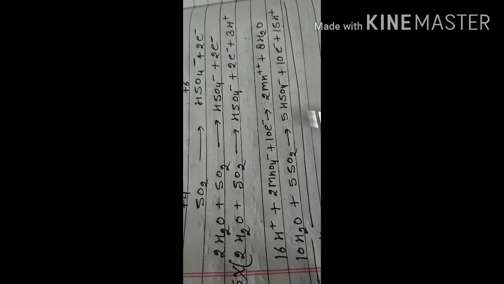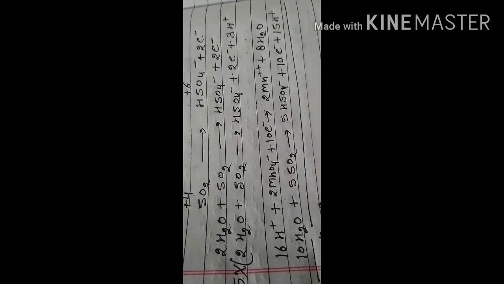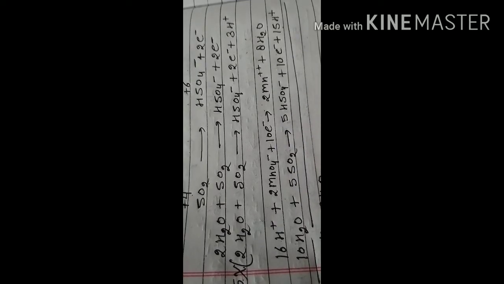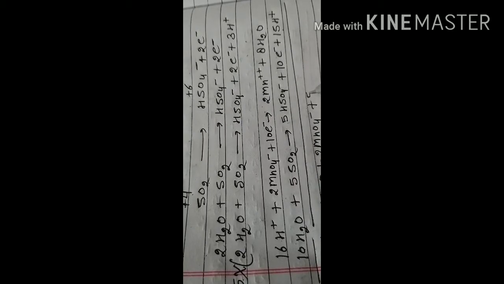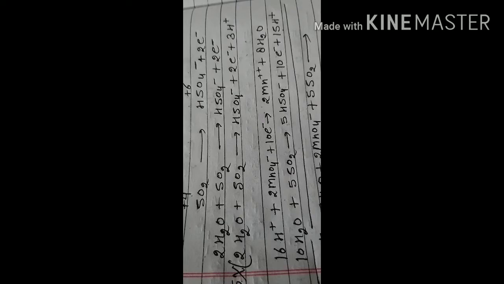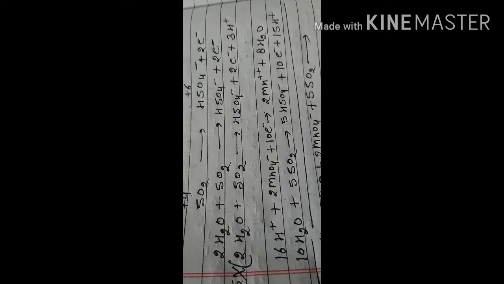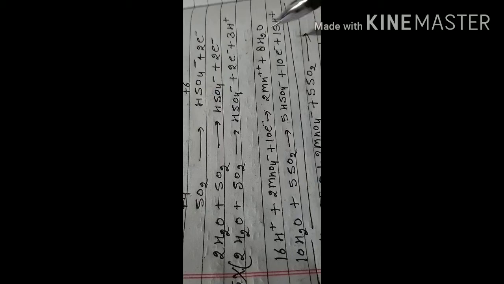Now 10H2O and here 8H2O, so once again subtract 8 and you get 2H2O plus 2MnO4 negative plus 5 SO2 converting into 2Mn2 positive plus 5 HSO4 negative.